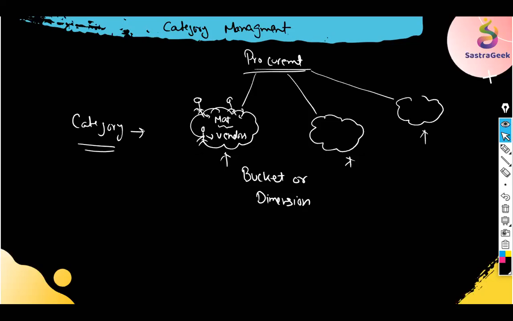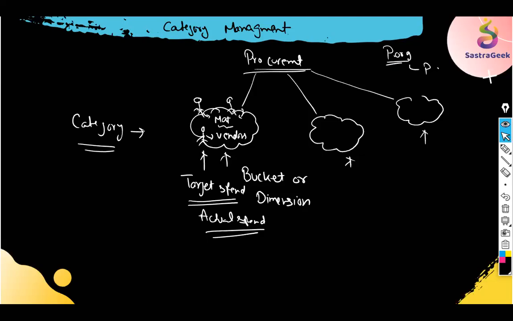Then you define the target spends for that particular category, and you monitor the actual spends you have done. Earlier we had dimensions like purchase organization and purchase group. Now this is one more dimension.